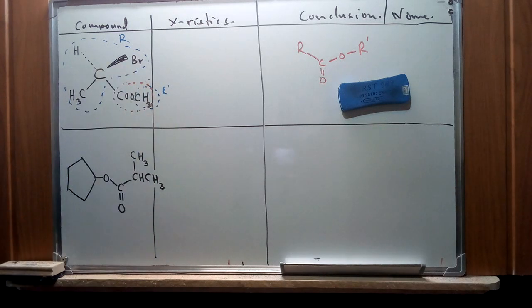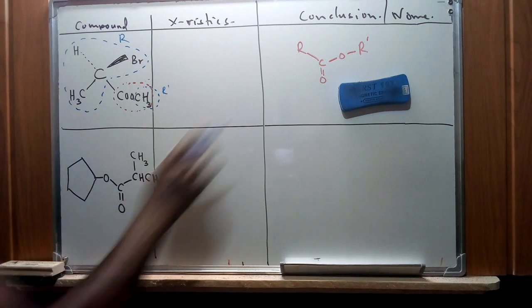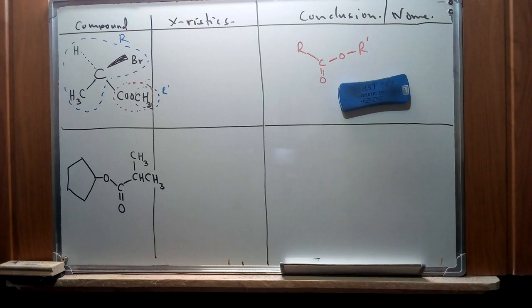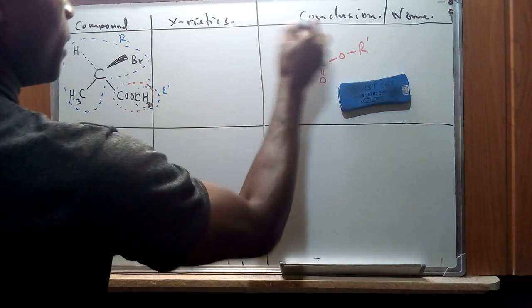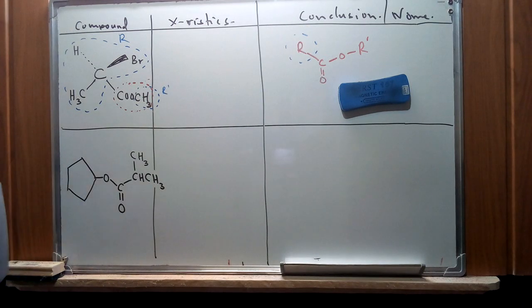This segment here is for the functional group that we have identified, and then number 2, this other one represents the R that I've written, which is this one. So from that structure, we can identify this as an ester.